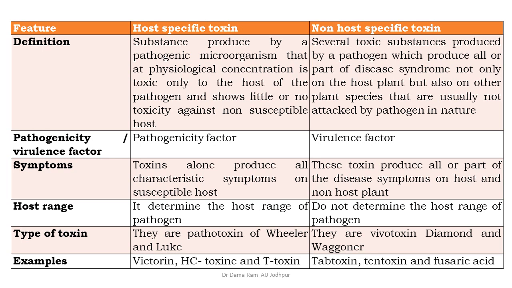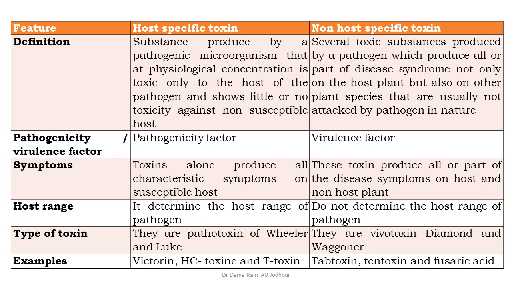In the case of non-host-specific toxins, they affect several host plants and are not specific to a particular host. For pathogenicity and virulence, the host-specific toxin acts as a pathogenicity factor, meaning it has the ability to cause disease. But non-host-specific toxins are virulence factors, meaning they enhance the disease. They are not responsible for causing disease, but they increase the disease intensity.